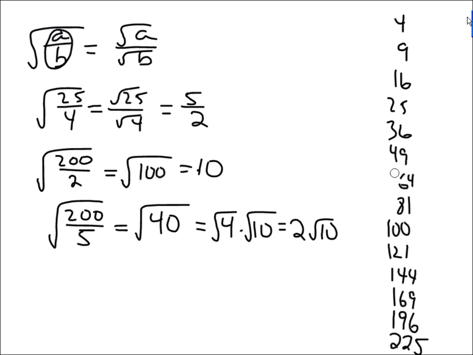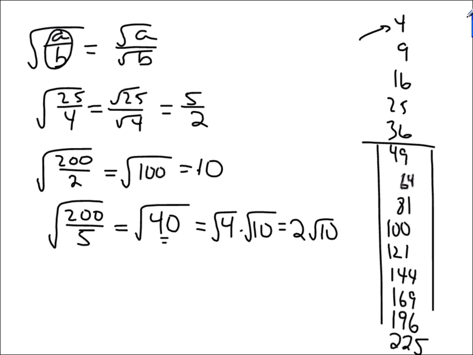I'm very quickly asking myself, what's 2 squared and 3 squared and 4 squared and 5 squared, etc. Okay, that you have to know. Now, the largest number on that list that goes into 40 is 4. Nothing else. It won't be anything above 40, like 49 or 64.